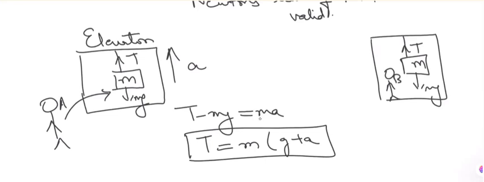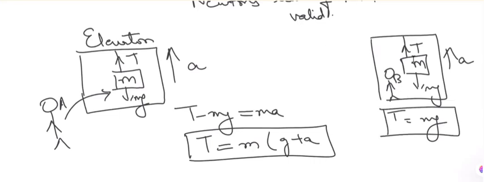Person B will say that T equals mg; both are in equilibrium with each other. As per Newton's law, is it moving? No. But when he is standing outside, is it moving? Yes, it's going up. I hope I'm making you understand.